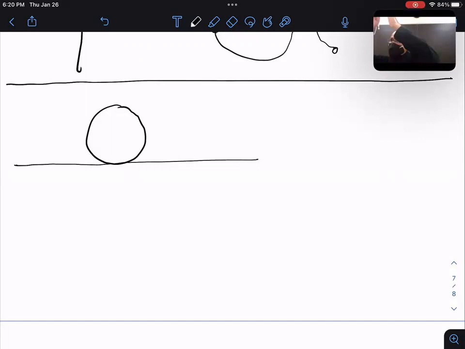So let's go to the North Pole and note the following. If I draw a line like this, or a line like this, there's exactly one point where it intersects this line, and there's exactly one point where it intersects this line.